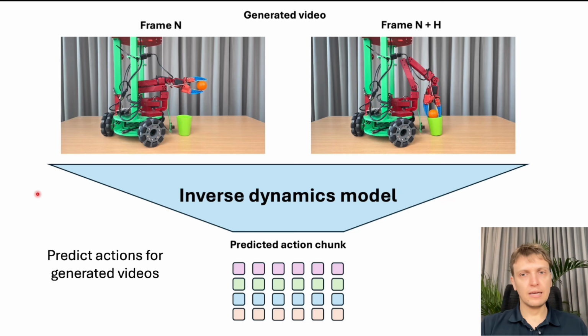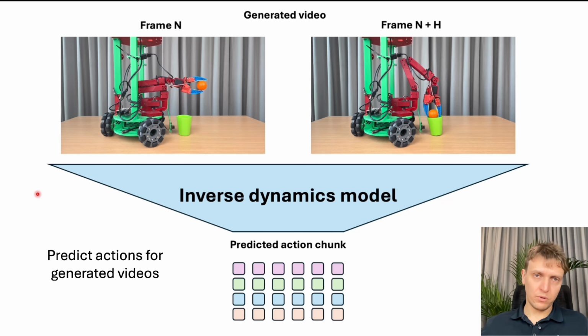So from my experience, all the time when you use some artificially generated data, it works only when the quality of your generated data is very, very high. And second, when this generated data actually adds any extra knowledge. If you train your video generation model only on your own data that you use for the robot training, then there will be no new information in this video generation model.